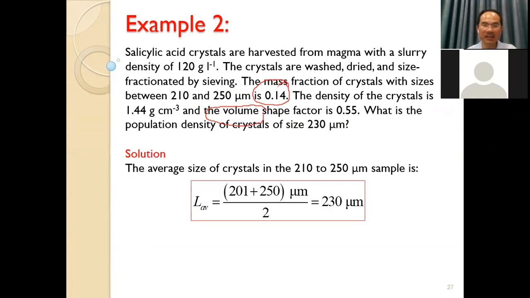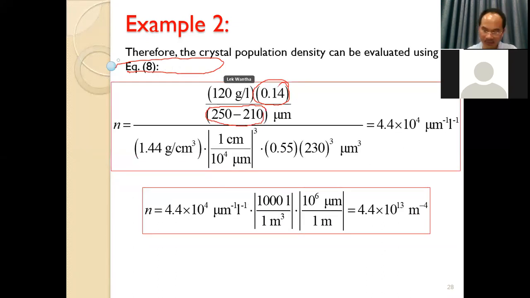What is the 120? This is the density of the magma, so we multiply by the density of magma. This is the rho of crystal, this is kV, and this is the L average. This is the unit conversion.